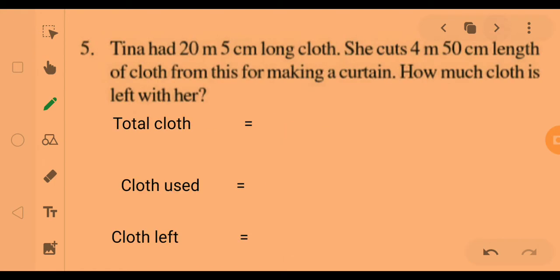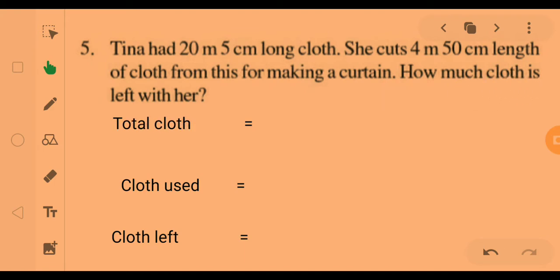Let's go to the next word problem. Tina had 20 meter 5 centimeter long cloth. She cuts 4 meter 50 centimeter length of cloth from this for making a curtain. How much cloth is left with her?